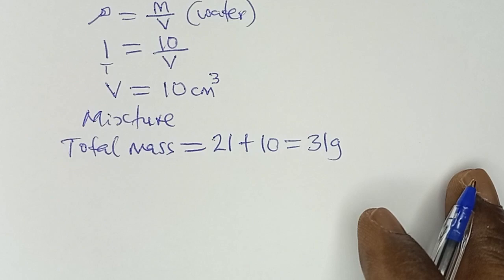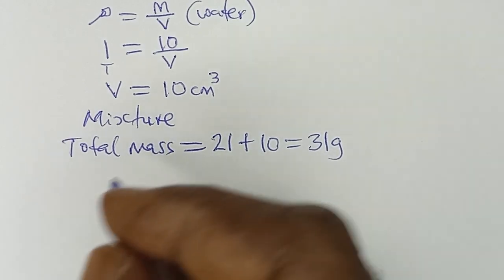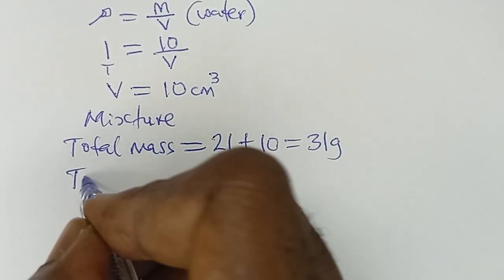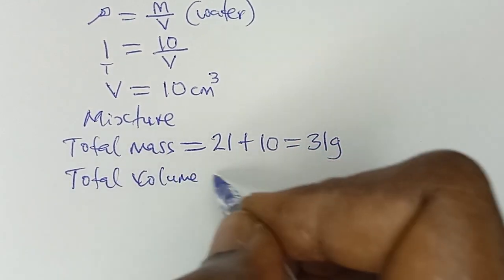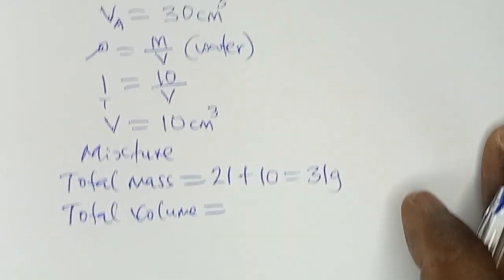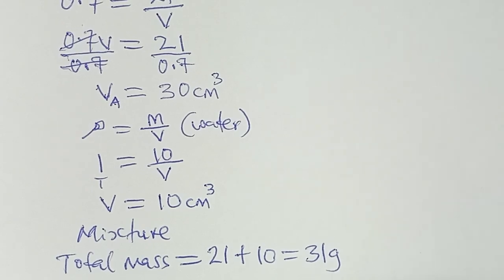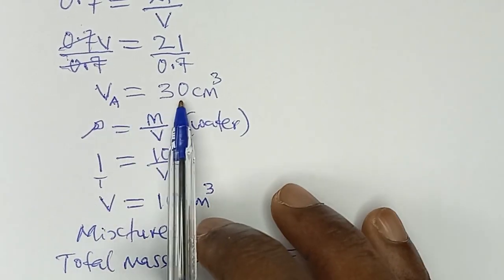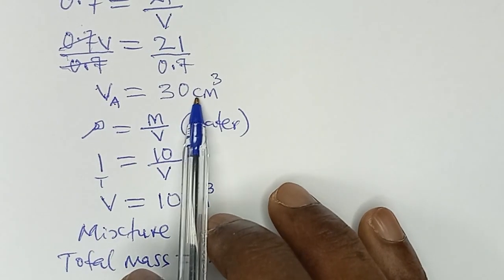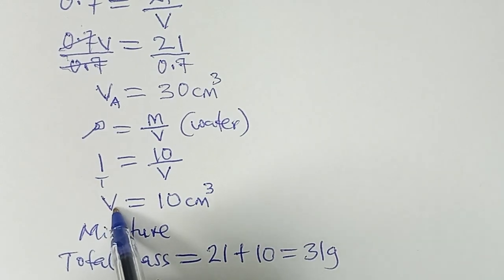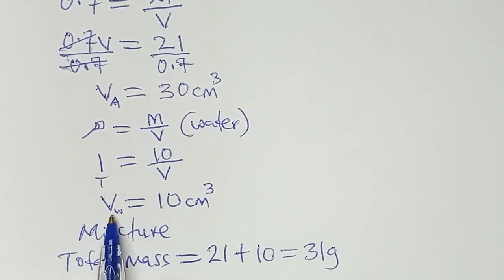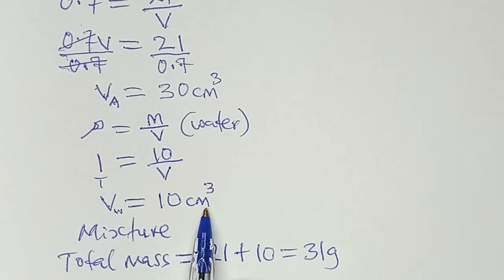Then let's also go to total volume, the total volume of the mixture. Don't forget, we know the volume of alcohol that we obtained is 30 centimeter cube, and the volume of water is 10 centimeter cube.